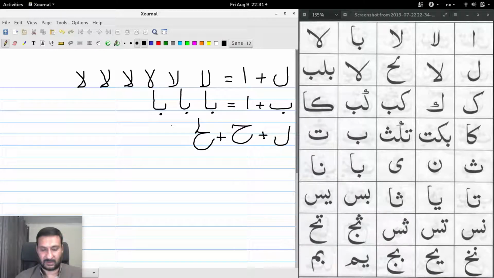So it can take different ways of writing. It might look a little bit different, like in a more beautiful form it would probably come like so, and then it will attach to Ha. As you can see, this part here, this looks like Lam. If I cut it off here, it looks like first part of Lam. So it is Lam Ha.